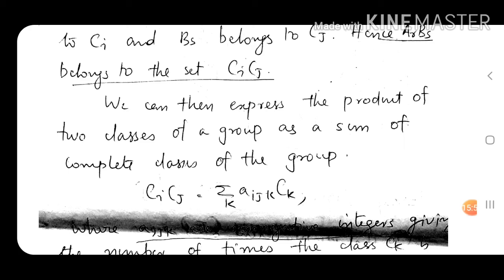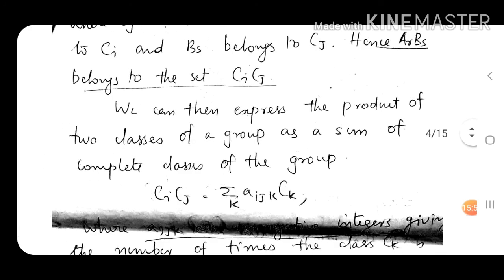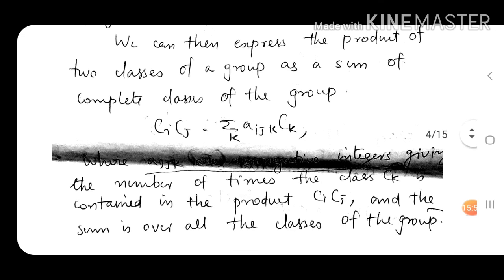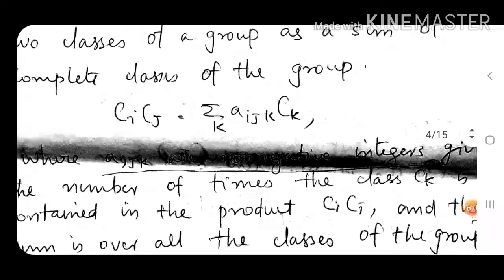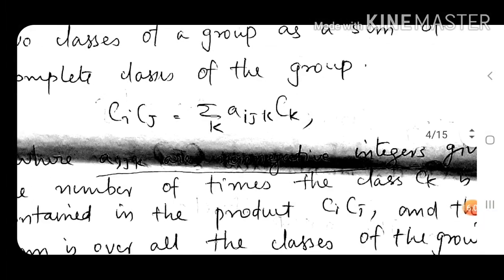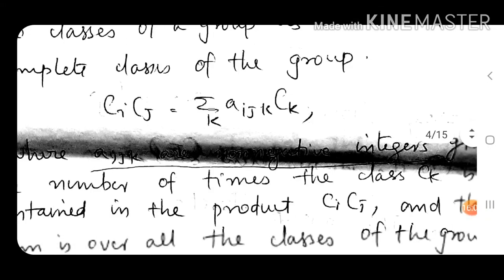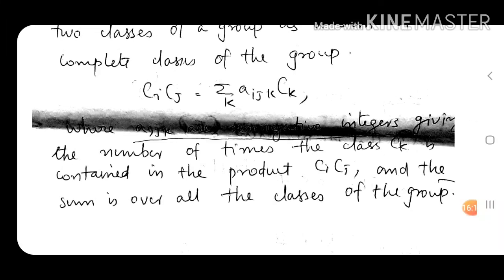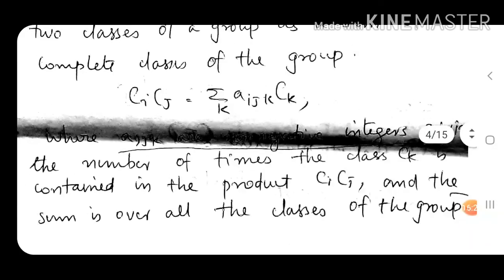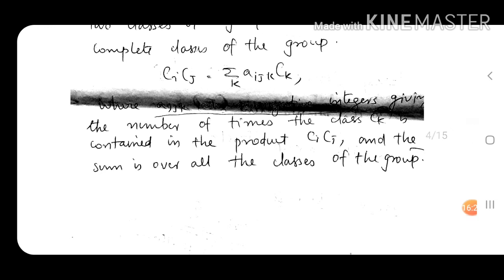So we can express the product of two classes of a group as a sum of complete classes of the group. Ci Cj is equal to the summation over k of Aijk Ck. Aijk is a non-negative integer that gives the number of times the class Ck is contained in the product Ci Cj.